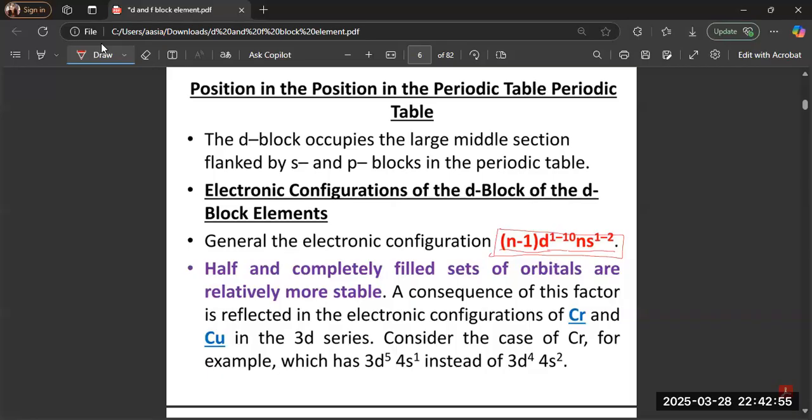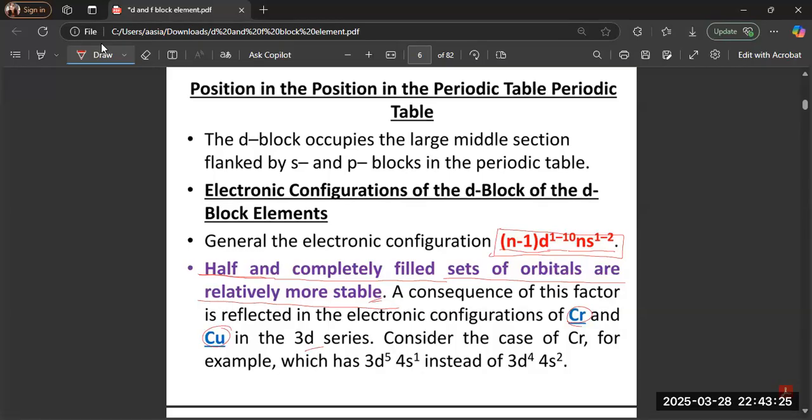So half and completely filled sets of orbitals are relatively more stable. Just remember that either half or completely filled sets of orbitals are relatively more stable. A consequence of this factor is reflected in the electronic configuration of chromium and copper in the 3d series.